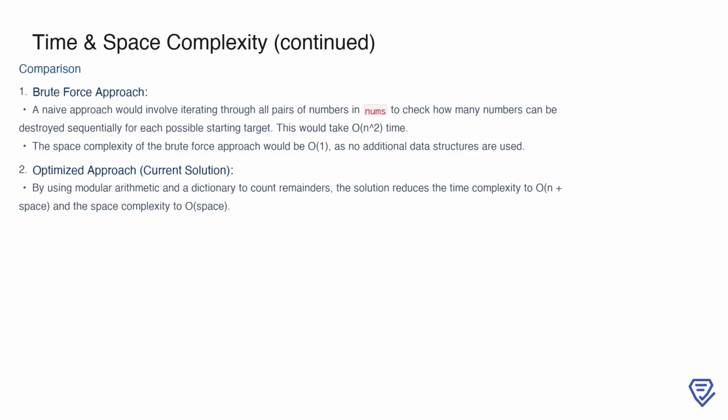On the other hand, the space complexity of the brute force method would be O(1), since it doesn't rely on additional data structures. By contrast, the optimized solution we've analyzed uses modular arithmetic and a dictionary to count remainders, which reduces the time complexity to O(n) plus space, and the space complexity to O(space). This makes the current solution far more efficient, especially for large inputs.